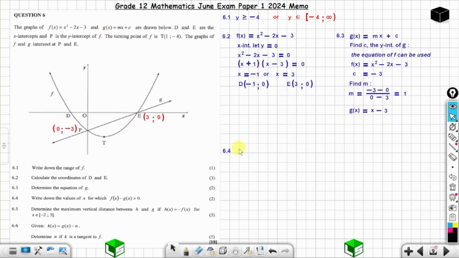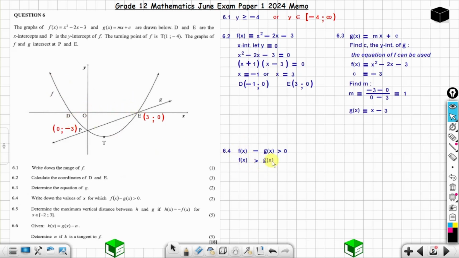Now, 6.4, write down the values of x for which f of x minus g of x is greater than 0. 2 marks. You are given f of x minus g of x greater than 0. Moving minus g of x to the right, you have f of x greater than g of x. So f of x is greater than g of x wherever you have f above g.